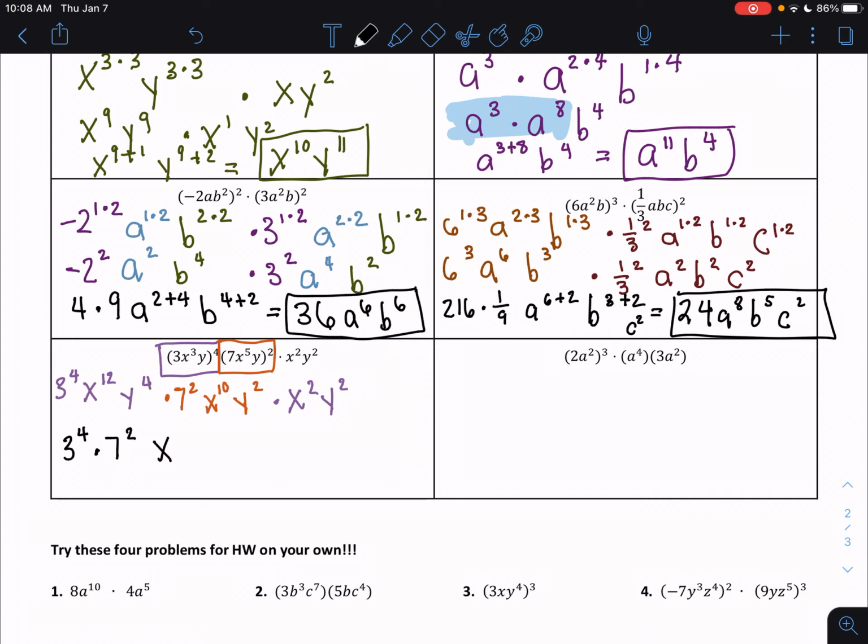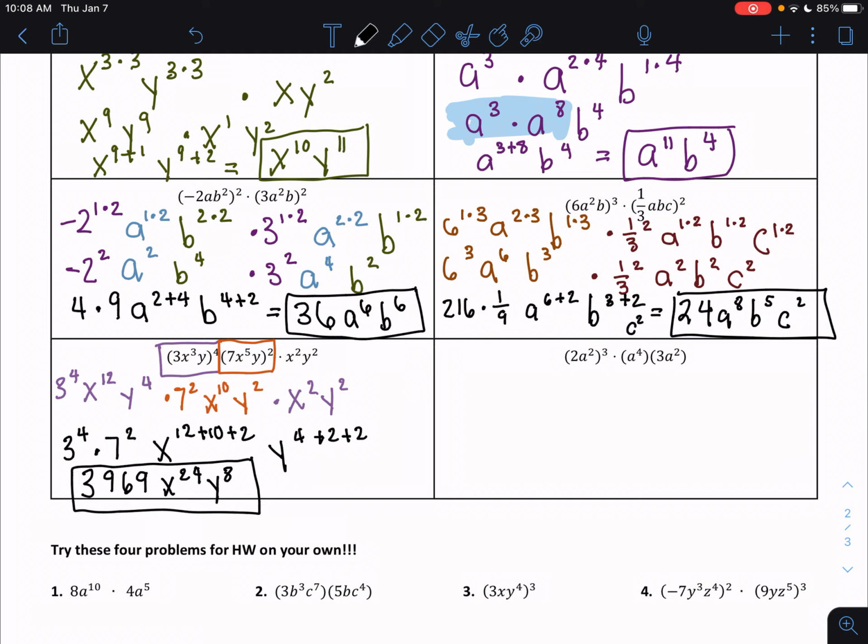You would have x, and we can combine that with not 1, but 2 other ones. So 12 plus 10 plus 2 times y to the 4 plus 2 plus 2. And of course you can do this in your calculator, and you should get 3,969, and then x to the 24th and y to the 8th.